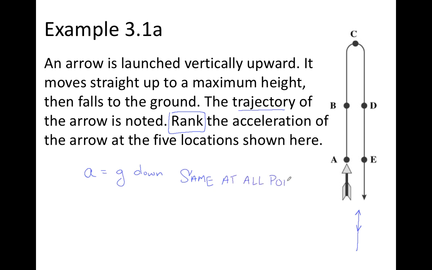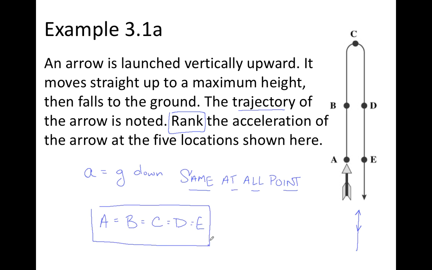And so if you are doing a ranking task for me, and you want to indicate that the acceleration at points A, B, C, D, and E are all the same, all you have to do is put an equal sign. That indicates that the value is the same at those 5 points.